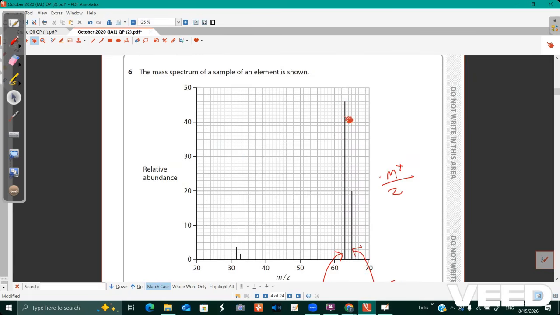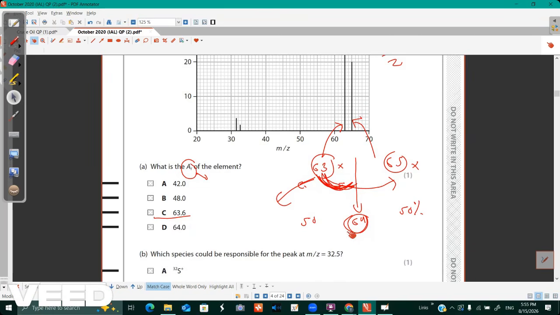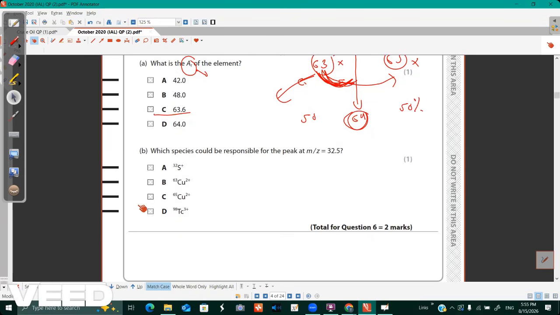Definitely, this abundance is much greater. Therefore, you have the average value closer to 63. If it is a 50-50 sample, it's 64. Favoring more into 63, it is 63.6. No need to do any calculations. Mentally, you can get the answer.